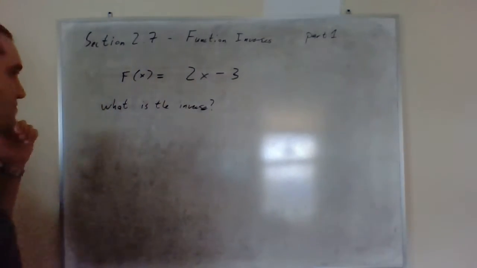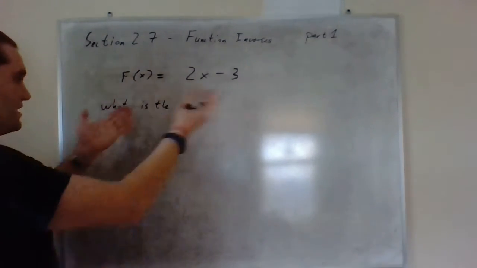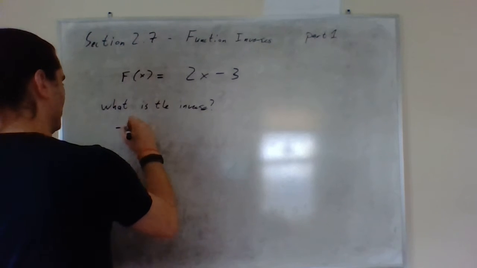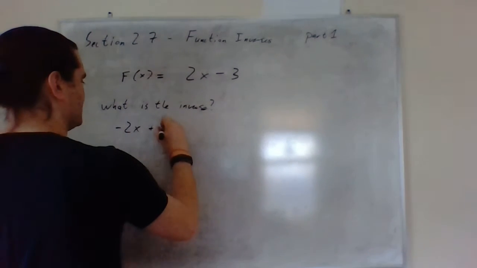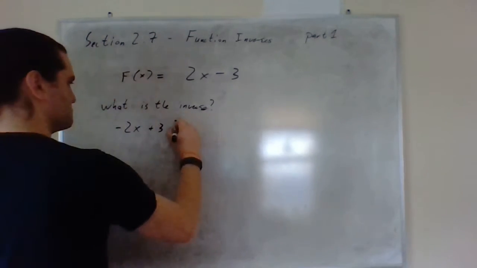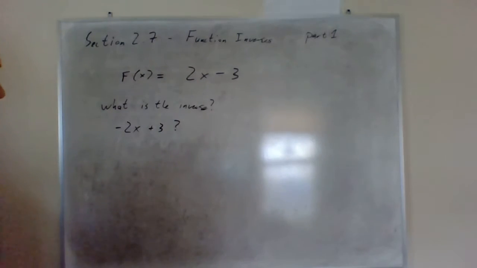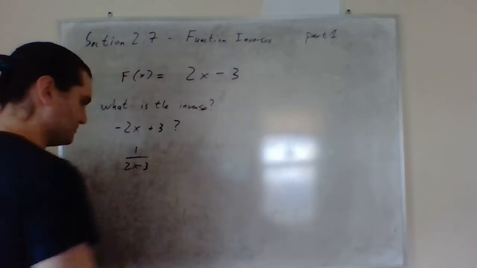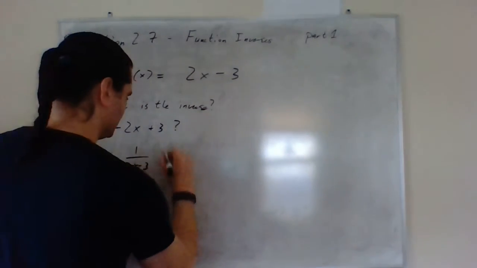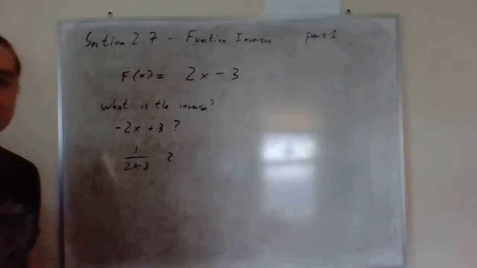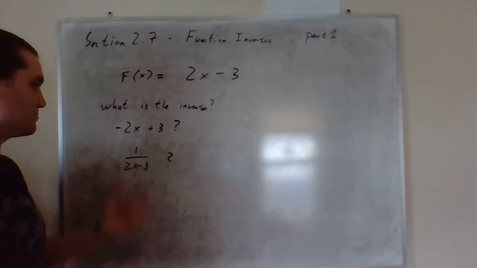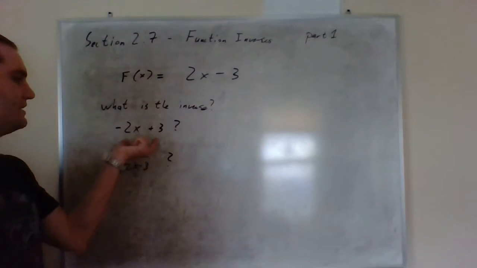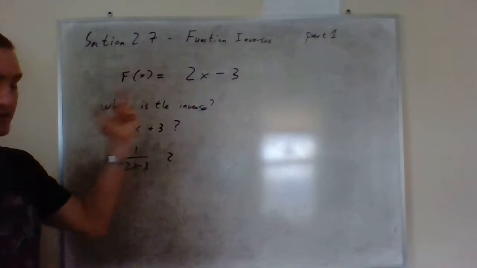At this point, it's probably pretty tempting to say that the inverse of this should either be -2x plus 3, maybe? Or maybe the inverse of this is 1 over 2x minus 3, maybe? And these are both excellent guesses, because both of these things are a kind of inverse for this function.